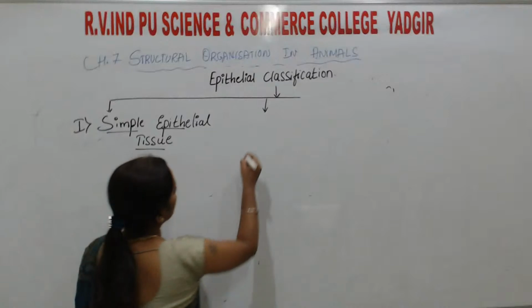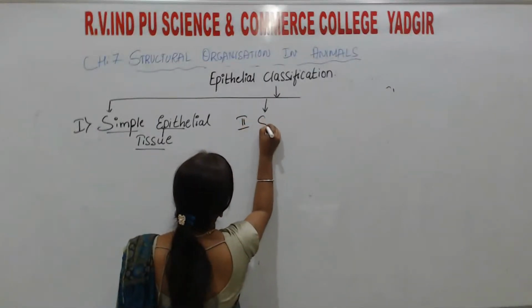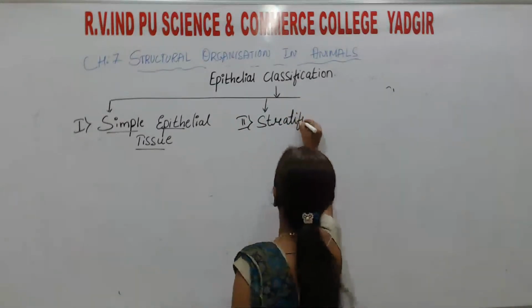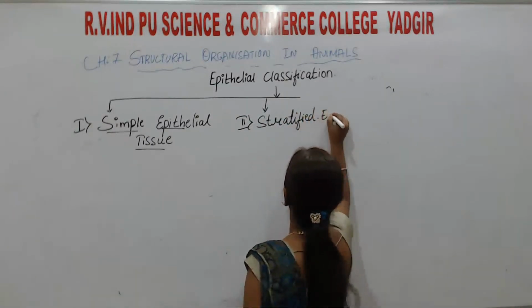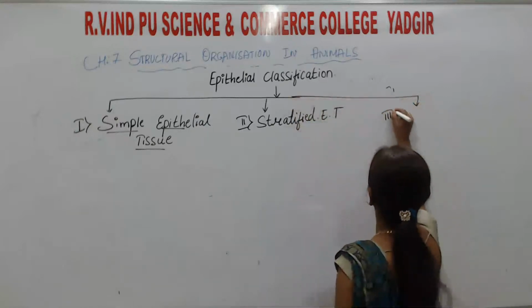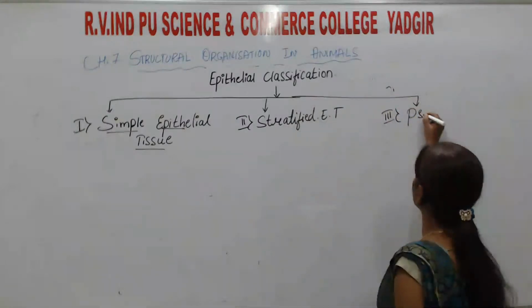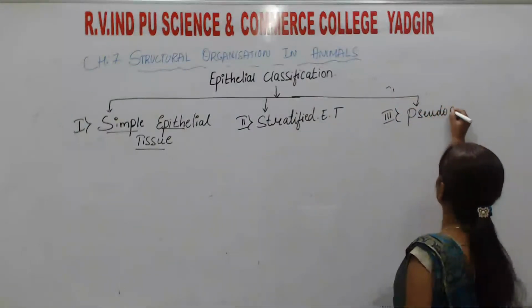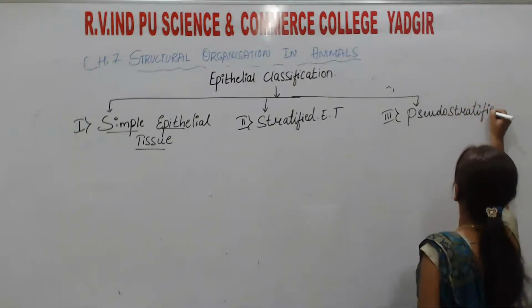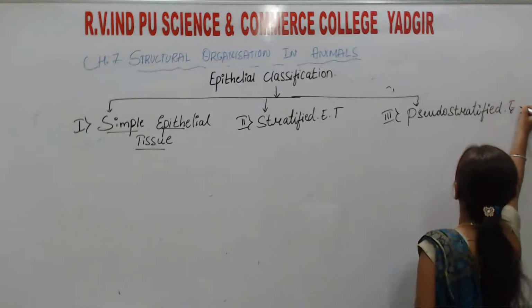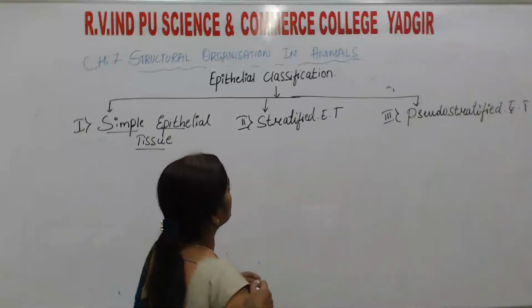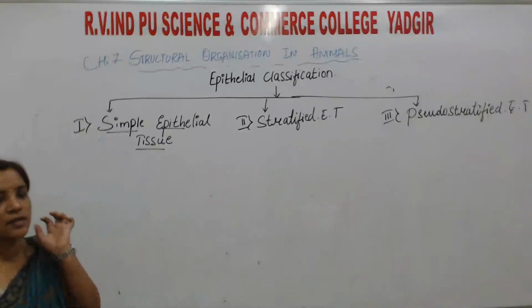So three different types of epithelial tissues we can see here.